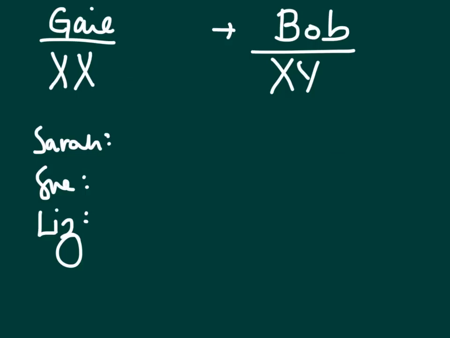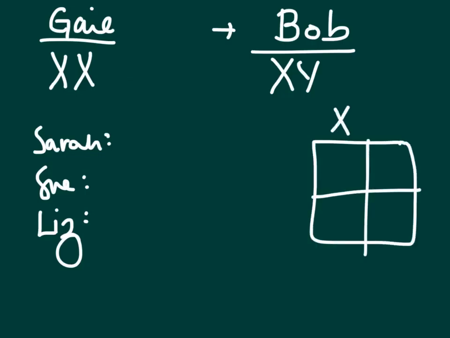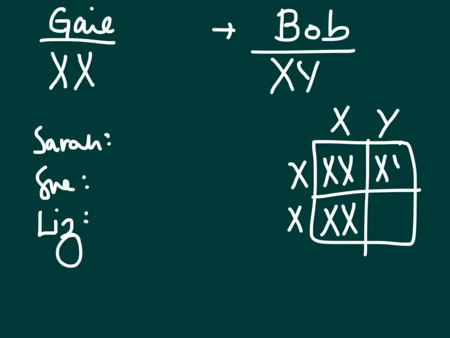And every male is XY. So, in a potential cross of my parents to determine whether they're going to have boys or girls, it predicts that half of their children should be boys and half of their children should be girls, just from the Punnett square. It's a probability thing.